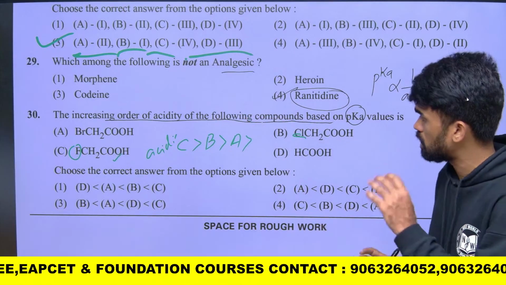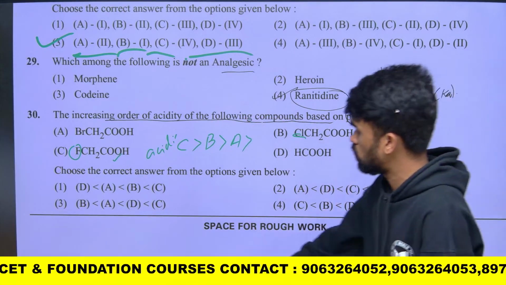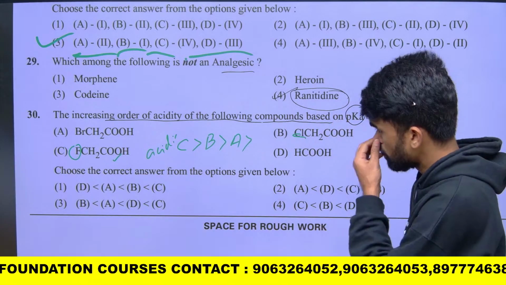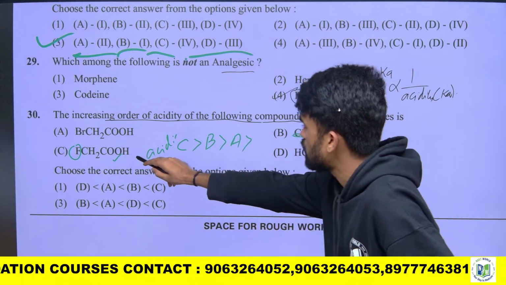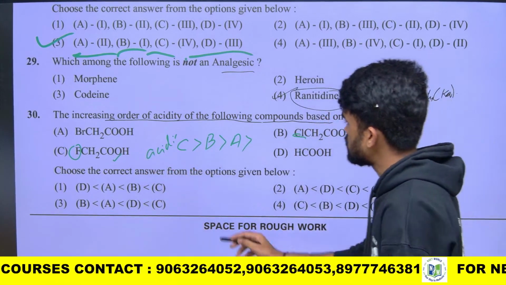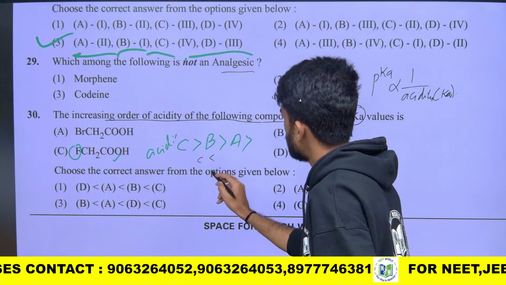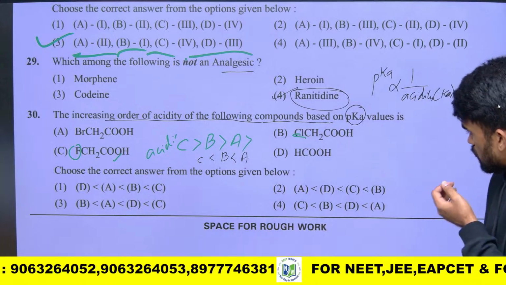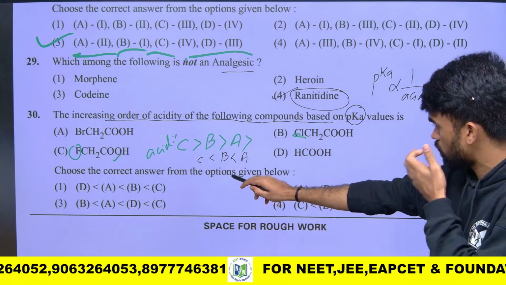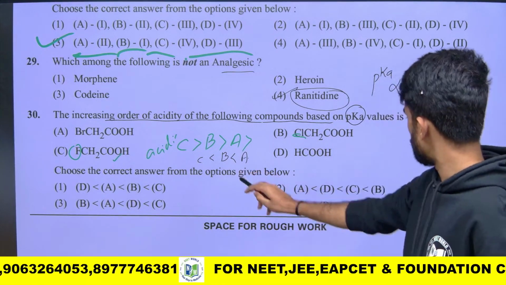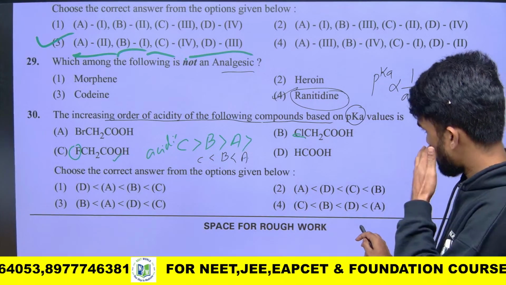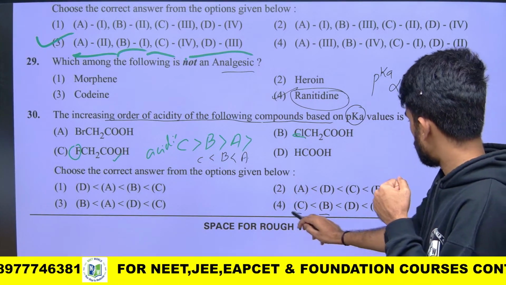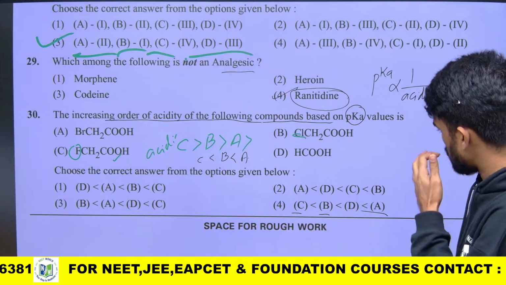So depending upon the concept only we will be doing it, without knowing their values. So C is more acidic, so low pKa. So I can say low pKa for C, then B is more, then A is more than that. So check the options where we have this order: A is more, then B, then C. Okay, this is fine.